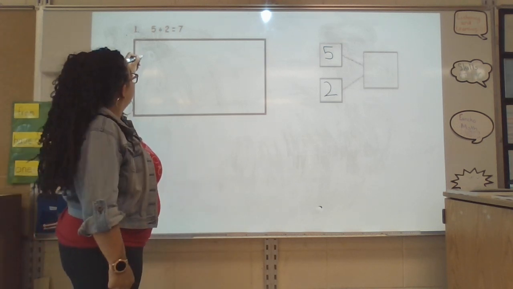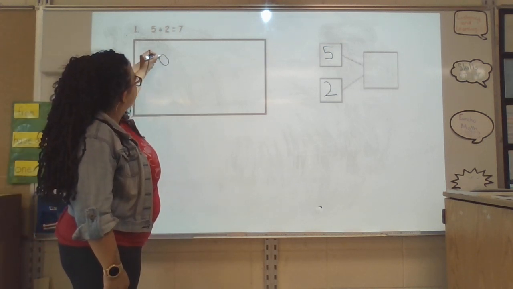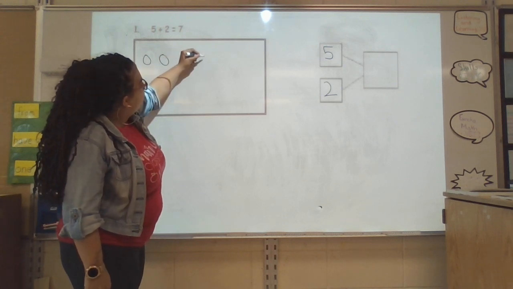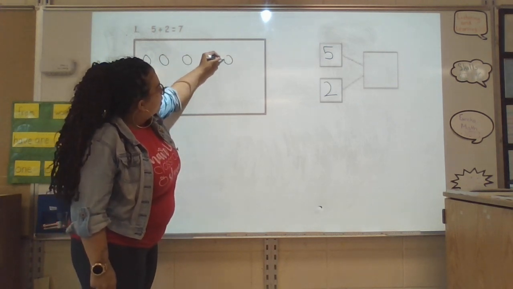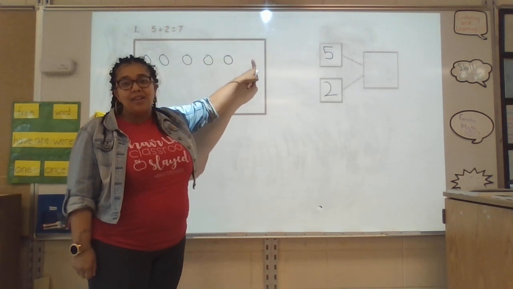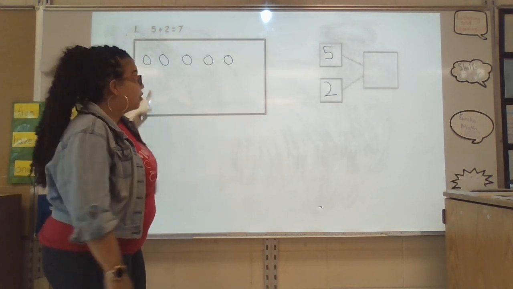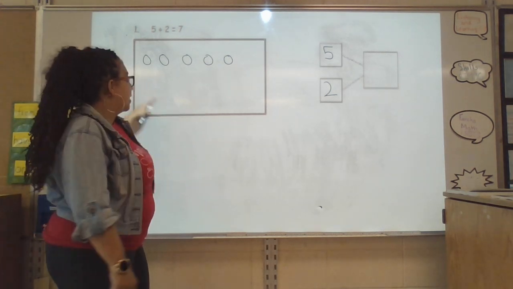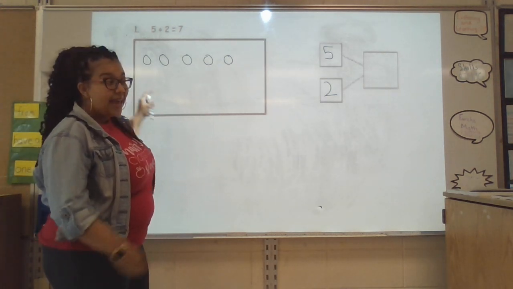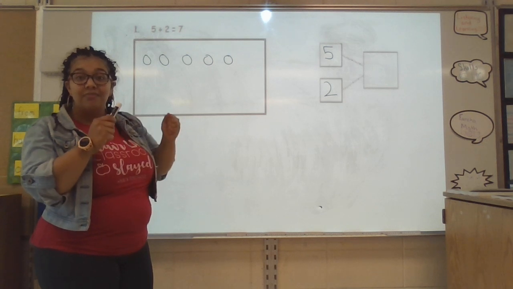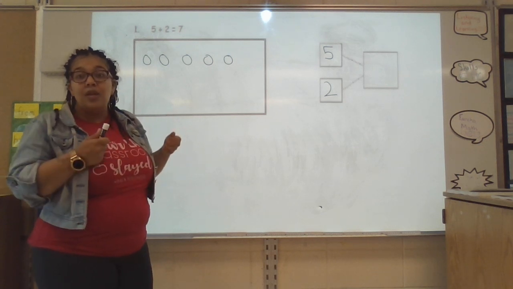So our 5 group, 1, 2, 3, 4, 5. Notice, there's still technically room on those rows based on how I drew them. I don't care. I'm going to loop down. I'm going to return, because my 5 group is complete. And if I picked up my 10 frame, like the one you took home, there wouldn't be any more room.